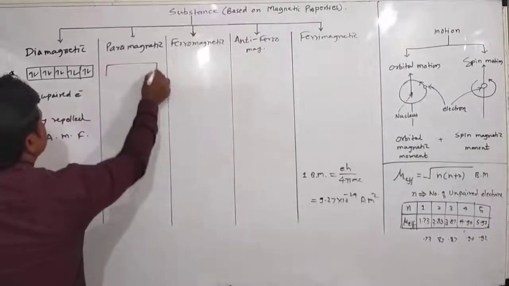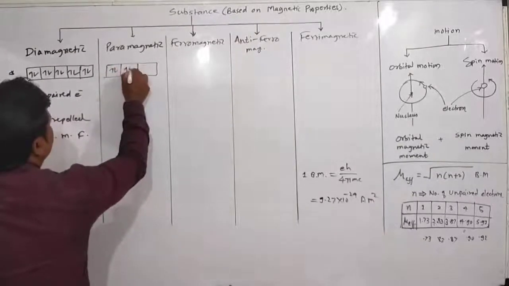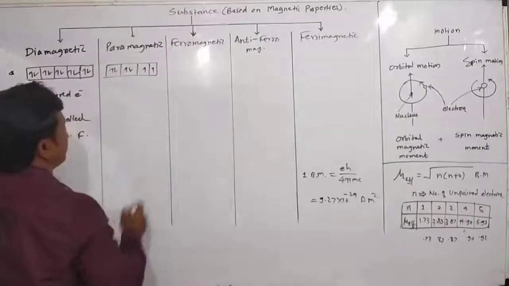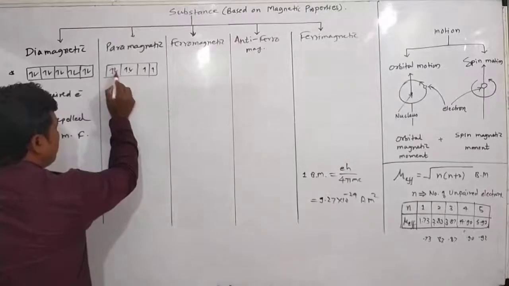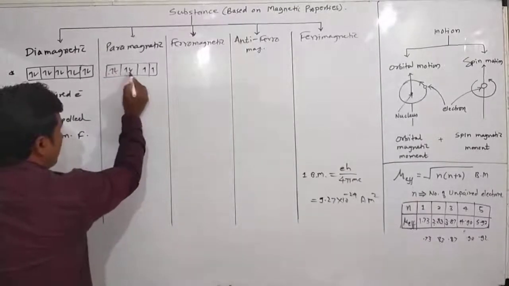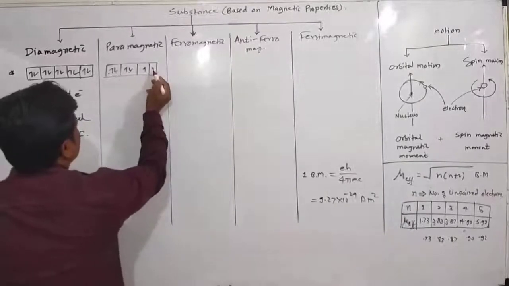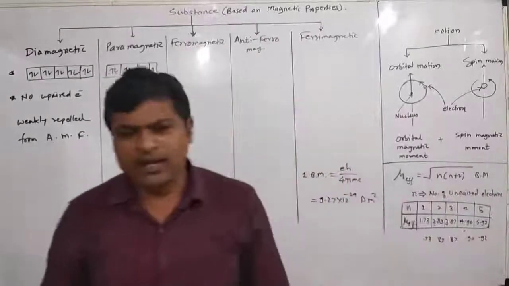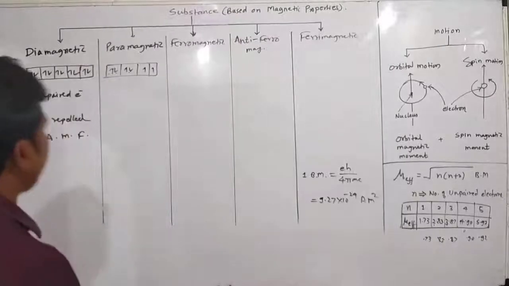Okay, what about the paramagnetic substance? Here this is paired, this is paired, this is unpaired, and this is unpaired. For the paired electrons, the spin of one electron is plus half and the other is minus half, so they cancel and make 0. For the unpaired electrons, plus half and plus half, we put these into the formula, where n is the number of unpaired electrons, and calculate the effective magnetic moment.